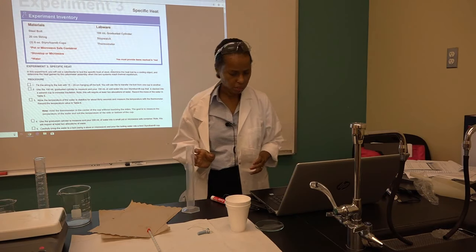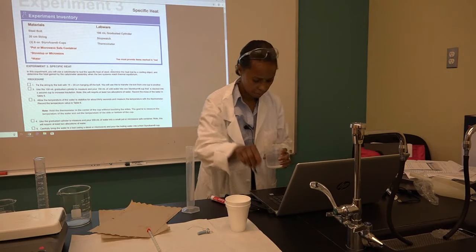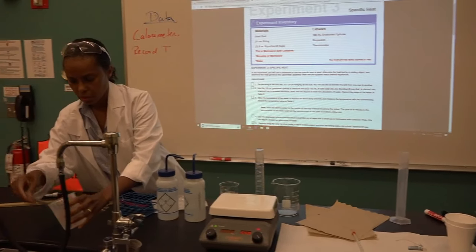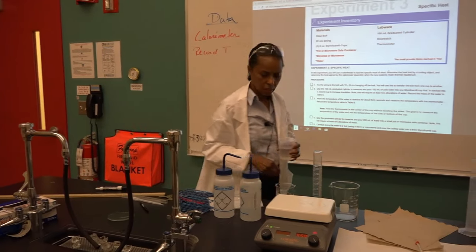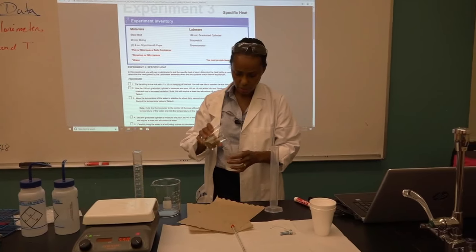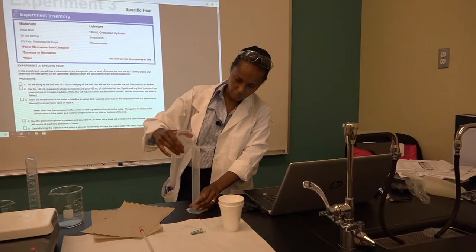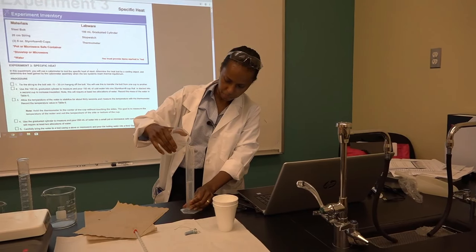I'm going to take some of this out because I think it's really too cold. And so we should have a good amount of cold water in here, and we will measure 150 ml.